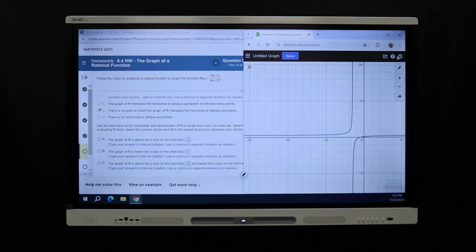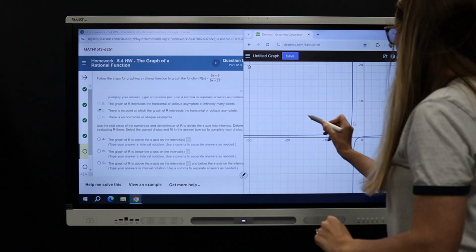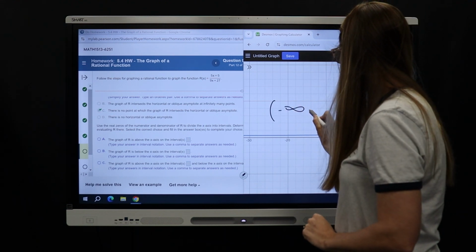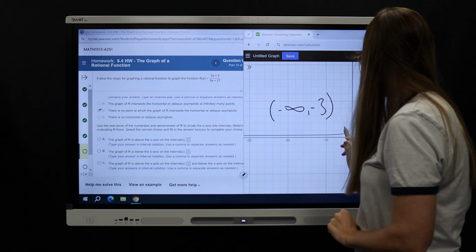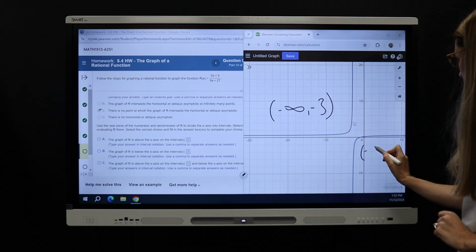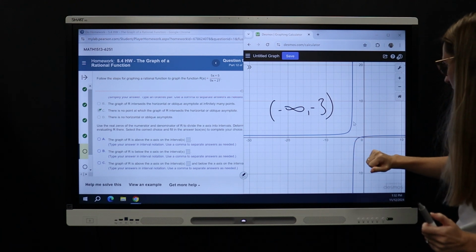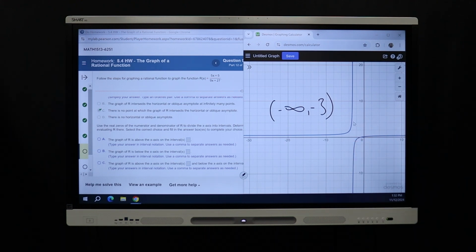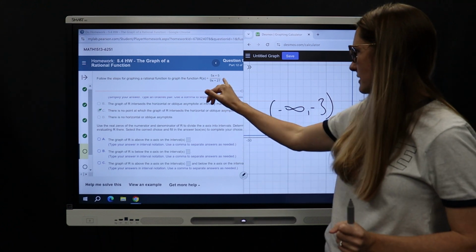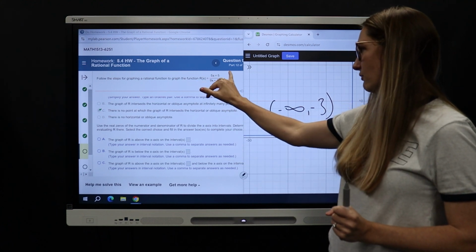Get rid of that. Our intervals right here. This is our first one, negative infinity to that asymptote right there at -3, and that is all going to be above. And then there's another one right here, y'all, because we have to take that x-intercept into account, and our x-intercept was, when we factor out the 5, we have 1.